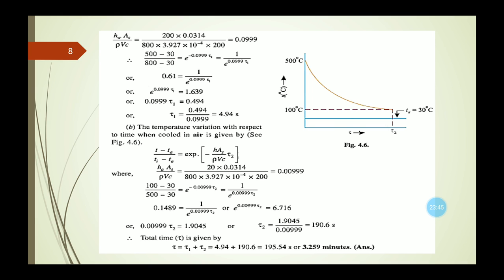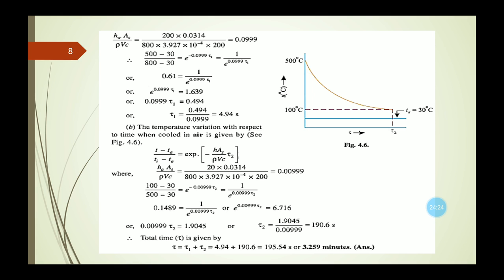Again we use all the values which are known to us, and after some steps we get the value of the time tau 2, which is 190.6 seconds.